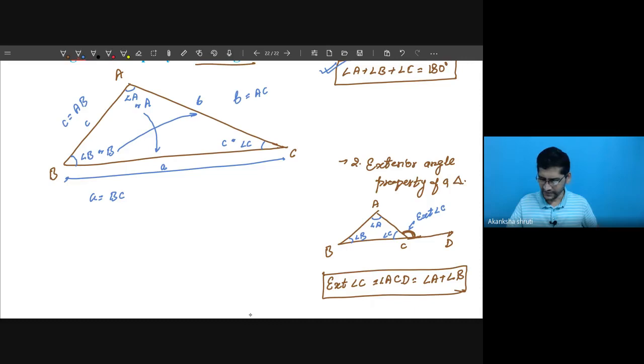Like in this, ABC is the triangle, C is produced to D, then at C we get an exterior angle, which is not inside the triangle but outside the triangle, touching one side of the triangle and the other produced side.